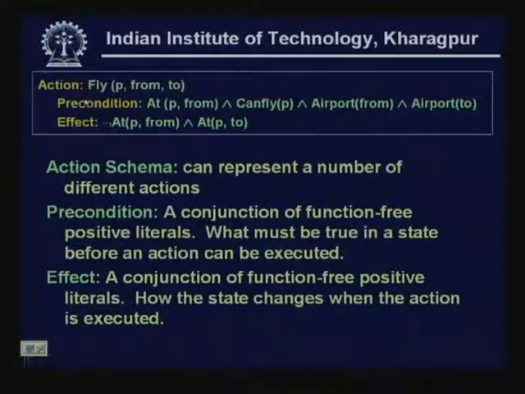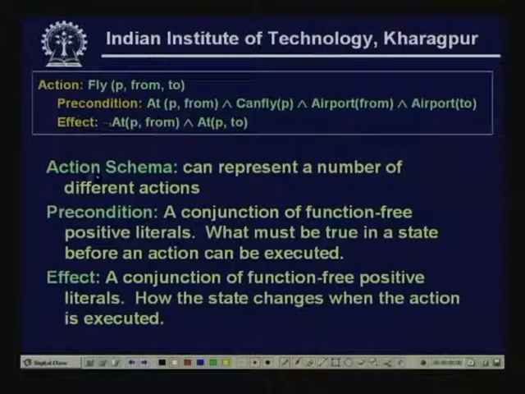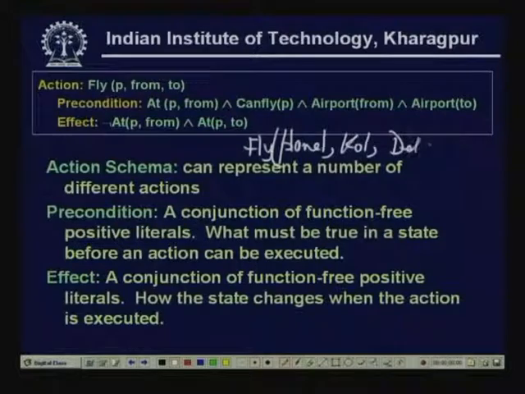Now, look at the action fly(P, from, to). Now, P, from, to, these are not ground literals, these are variables. So, fly(P, from, to) represents an action schema. An action schema can represent a number of different actions. For example, it can represent the action fly(plane1, Kolkata, Delhi).